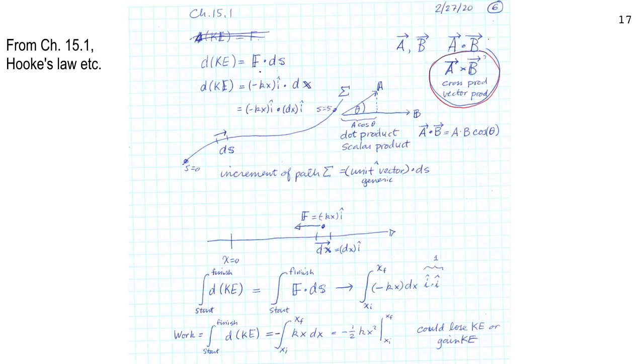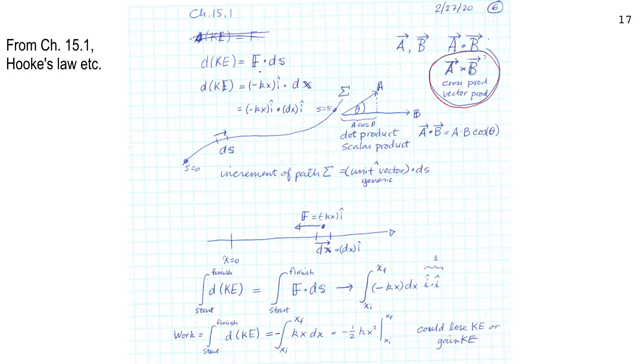This is generic for some generic axis S. On the x-axis, the increment, I'll write it this way, dx, a vector x, lowercase x. Now that increment of the x-axis is equal to, let's put it all together here, minus kx times i hat dotted into the quantity dx, a scalar, times i hat.